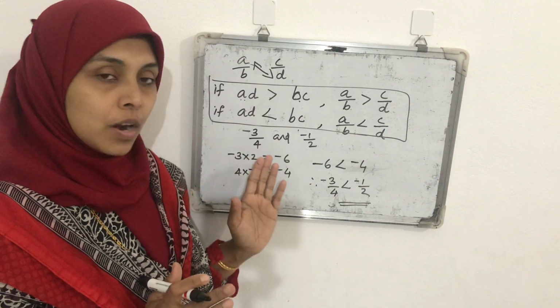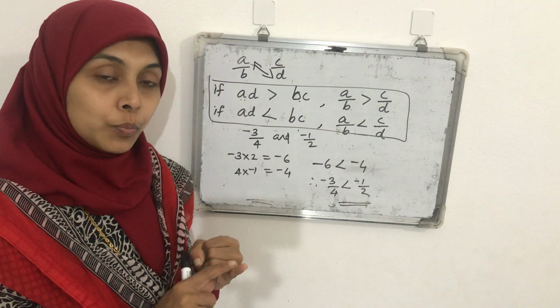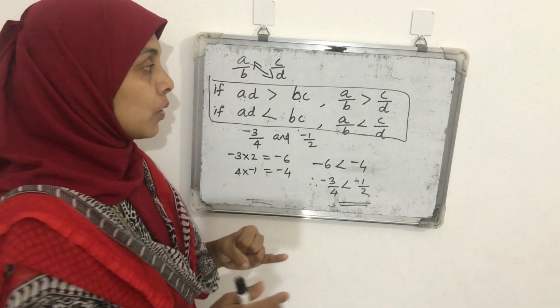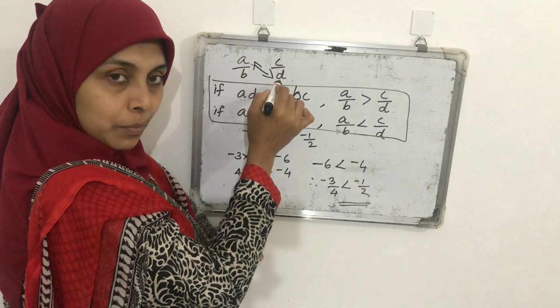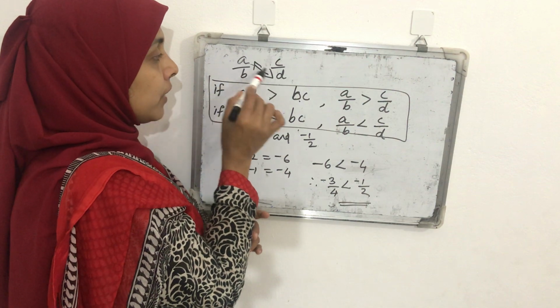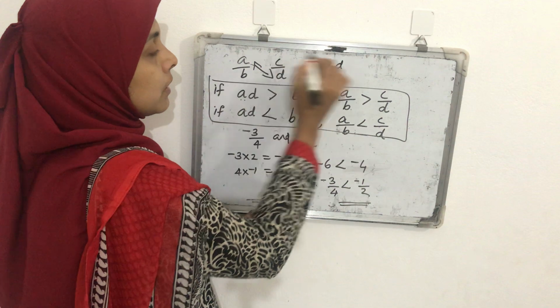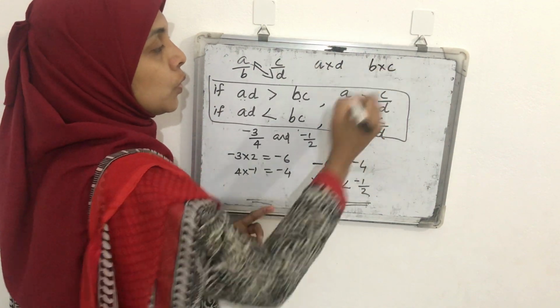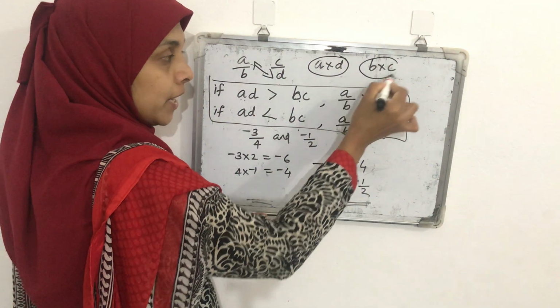Now you understand the cross product. Today we discussed the cross product of two rationals. Cross product means when we take two rationals A by B and C by D, we multiply A with D, A into D, and the second one B into C. These products are called cross products.